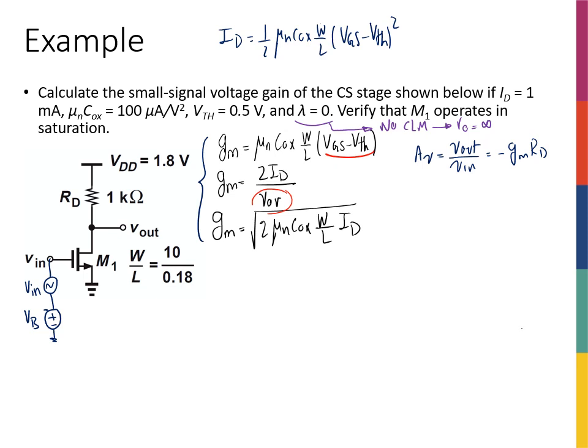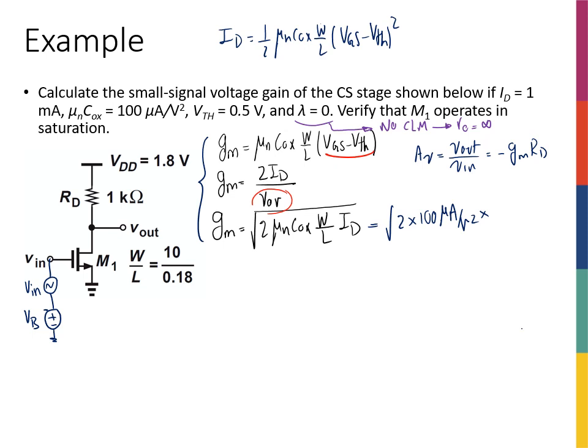So I'm going to say that GM is equal to this, which is 2 times 100 microamp per volt squared. That's the unit. I know it's weird, but it is the unit that makes sure that the GM unit, which should be amp per volt, works out.